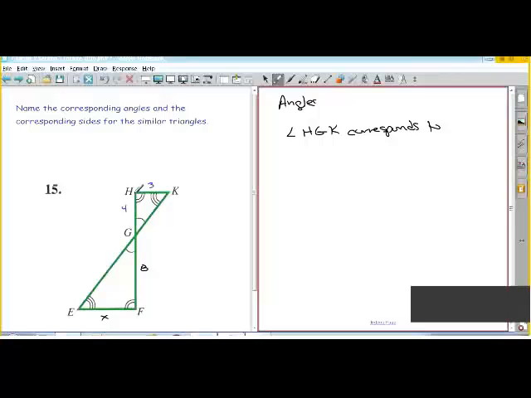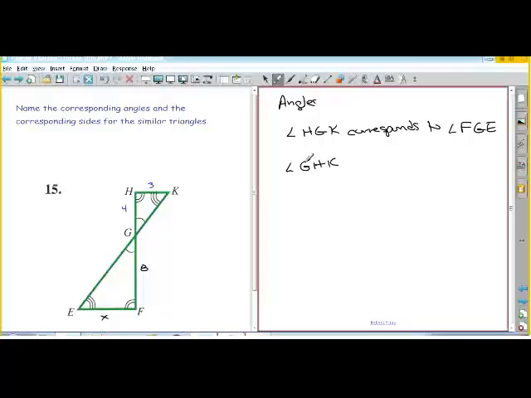So I'm going to start at the corresponding point, H, in the other triangle, which is F. So that corresponds to angle FGE. So that's this angle, FGE, HGK. And there's two other angles, so let's go to the next angle. So that's angle GHK, which corresponds to angle GFE.